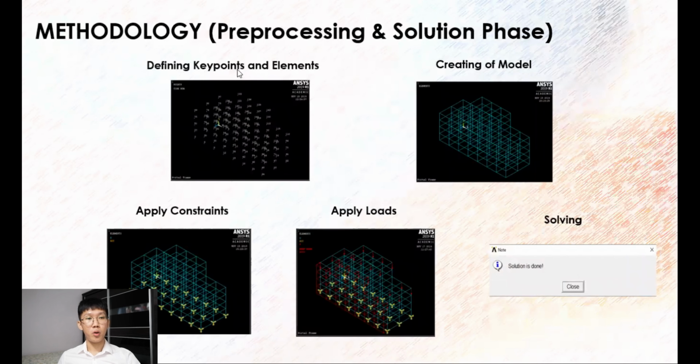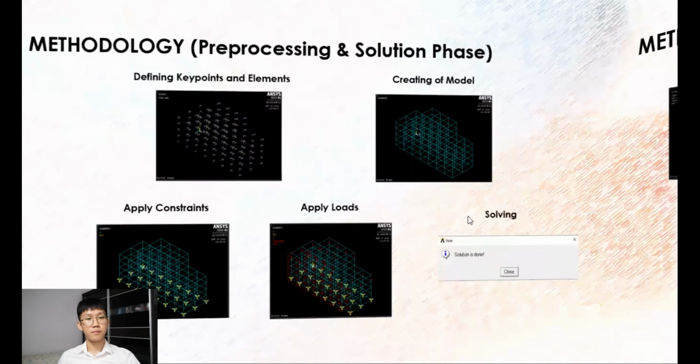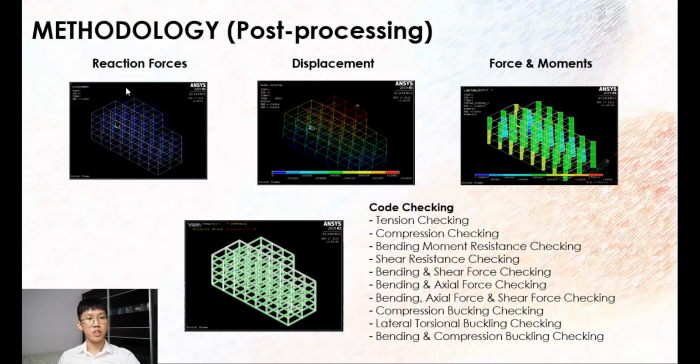Then we define key points and elements, creating the model. For the solution phase, we apply constraints, apply loads, and click solve. For the post-processing, the reaction force, displacement, force and moments, and lastly the code checking.